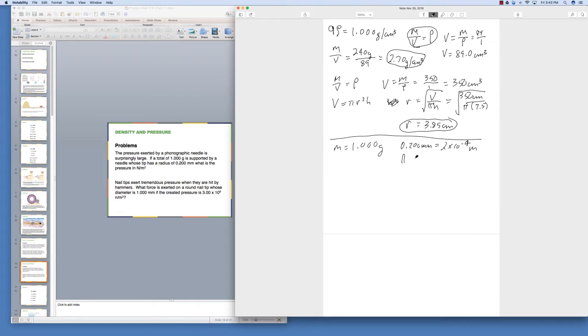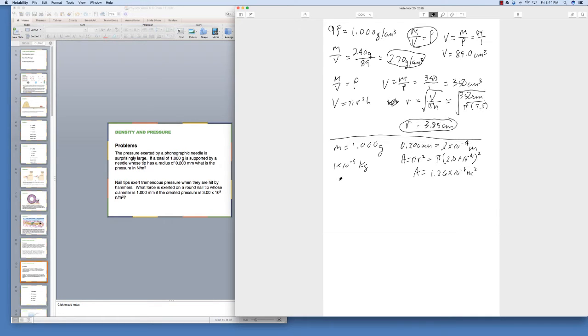The area, therefore, is going to be pi r squared, which will be pi times 2.0 times 10 to the minus 4 squared. So the area here is 1.26 times 10 to the minus 6th meters squared. And we know this is 1 gram. 1 gram is 1 times 10 to the minus 3 kilograms.